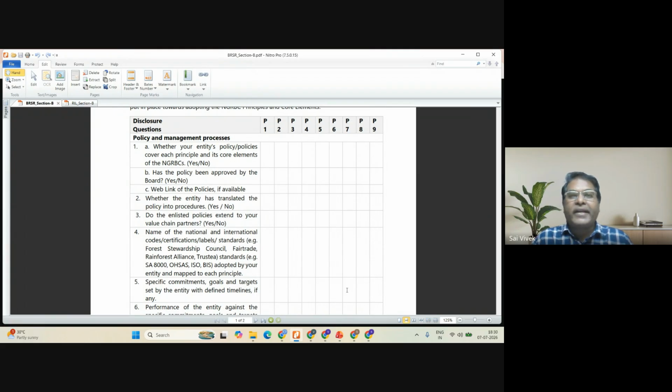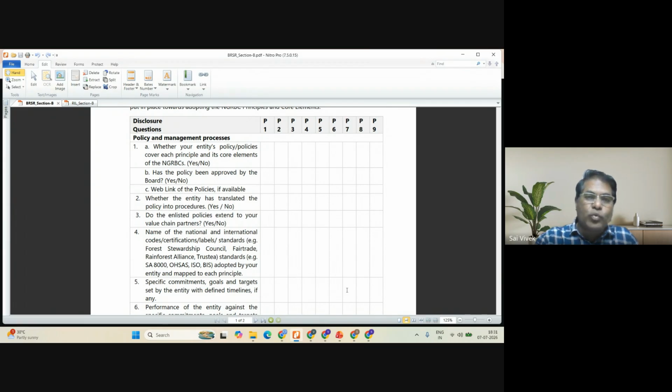So too, for each of the principles, ethics, sustainable products, employee well-being, stakeholder engagement, environmental protection, policy advocacy, inclusive development, customer value, in each and every one of these, if you can put such specific smart targets, that will be your major step in going towards your BRSR satisfaction, satisfying ESG. So this is all about the fifth one, specific commitments, goals and targets. So here you're just setting the goals and targets.